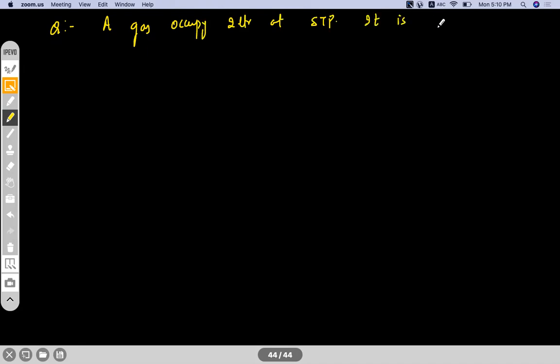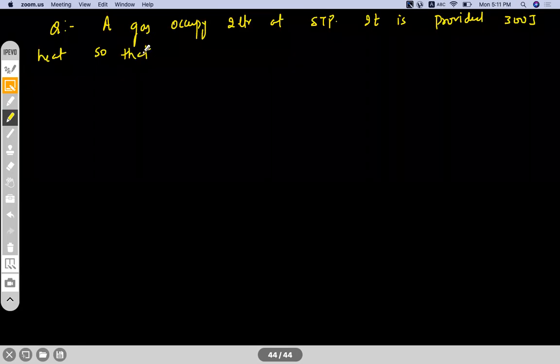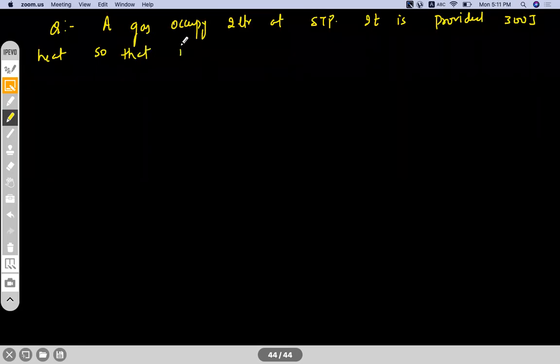It is provided 300 joule heat so that its volume becomes 2.5 liter at 1 atm, 1 atmospheric. Calculate delta U, change in internal energy. Try this one.